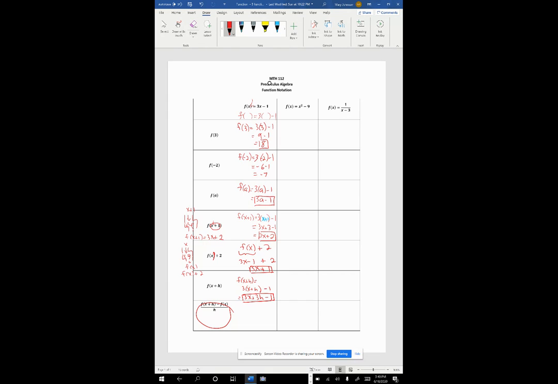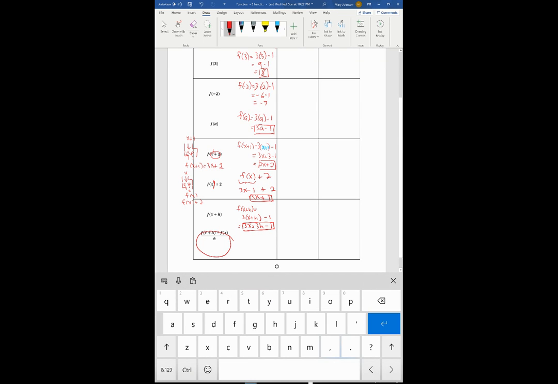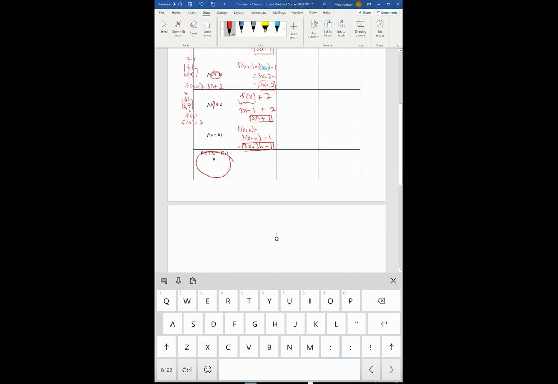All right, now let me see if I can get to a new page. I'm going to need a bigger box to show you this. The last thing we're doing is really important, and you should think of it like a formula that says do f of x plus h, get your f of x, divide all of that by h.